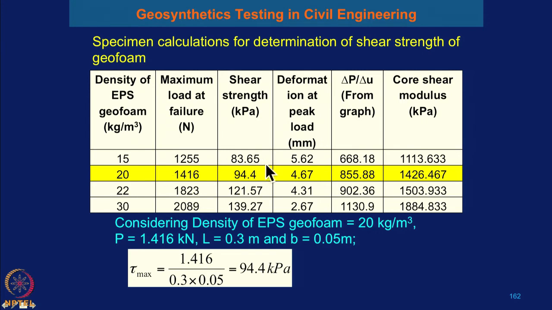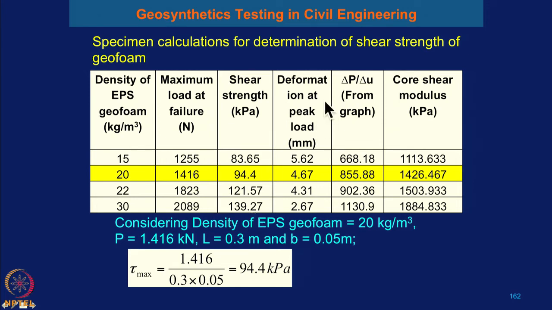From this maximum load at failure, you determine the shear strength in kilopascal. For 15 density it is 83.65 kilopascal, for 20 it is 94.4 kilopascal, for 22 it is 121.57 kilopascal, and for 30 EPS geoform it is 139.27 kilopascal.